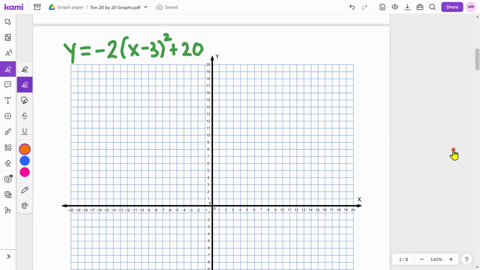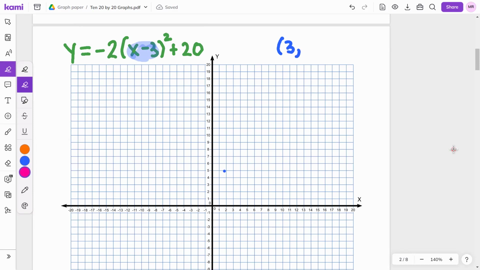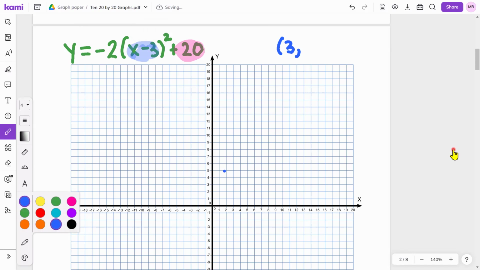So to identify my vertex, I'm going to be figuring out what makes that 0. So that is going to be a +3. And then this right here, this plus 20, that is going to tell me the y-coordinate of my vertex. So it's going to be 3, 20.